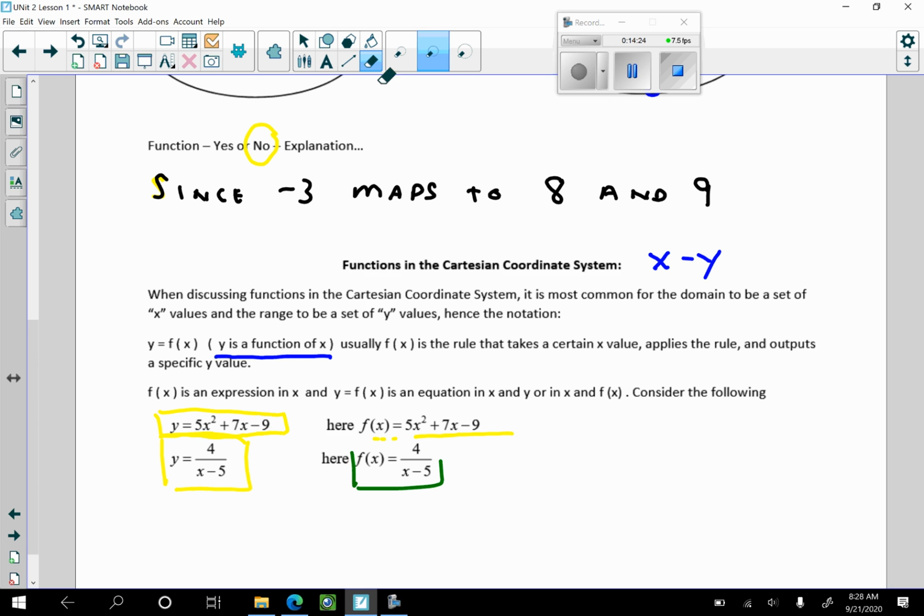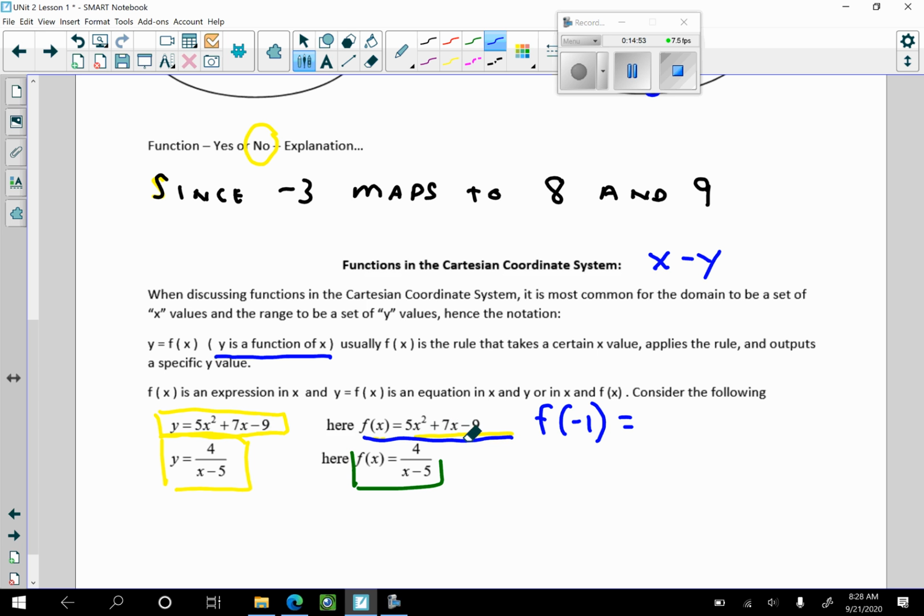So I think what we're going to do now is find some ordered pairs for some functions. Hey, let's do an example before I go on. Okay, so for this guy right here, say I want to find f of -1 for this function. How do I find that?